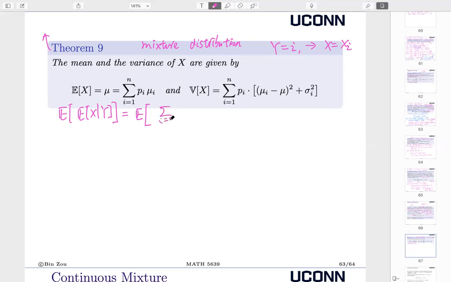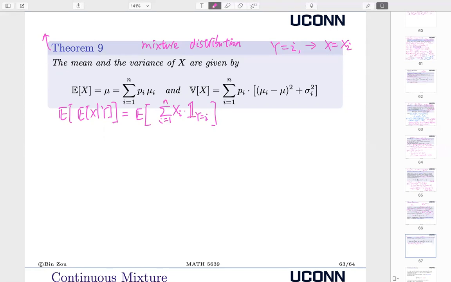So let me try. Okay, so this is essentially what it is. Think about it. When my y equals i, my x is xi. So that's why I introduced this indicator. Because we are conditioning on y, and y can be anything from 1 to n, it's one of them. So given the value of y, my x will be exactly xi.